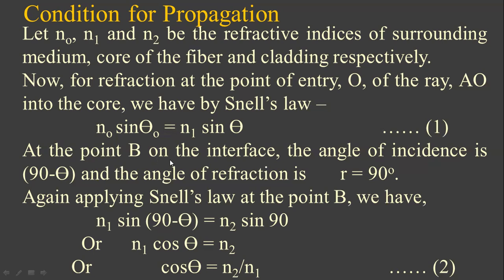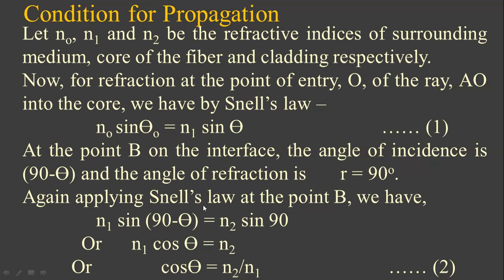At the point B on the interface, the angle of incidence is 90 minus theta, and the angle of refraction R is equal to 90 degrees in this particular case.